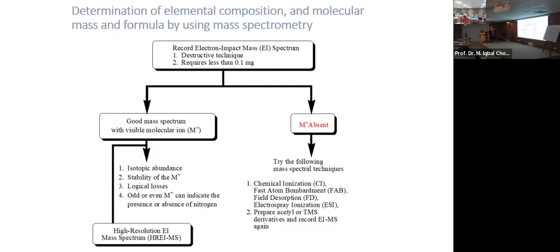It depends on which metal you are using. Since it has a magnetic property and you are putting your sample in the big magnet, it will have an impact, and you can still record it.